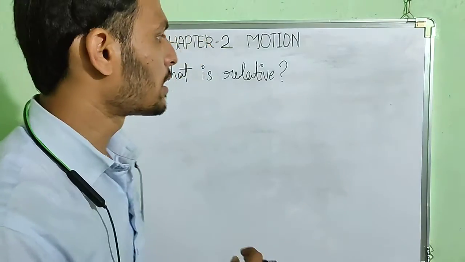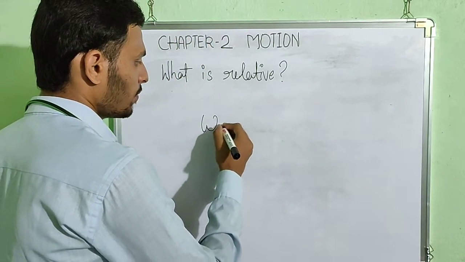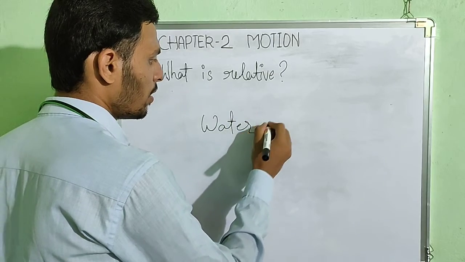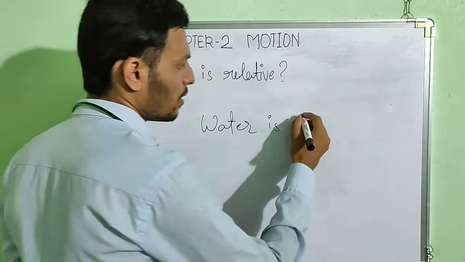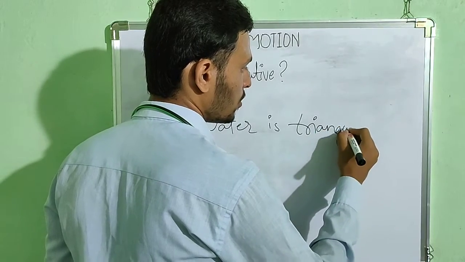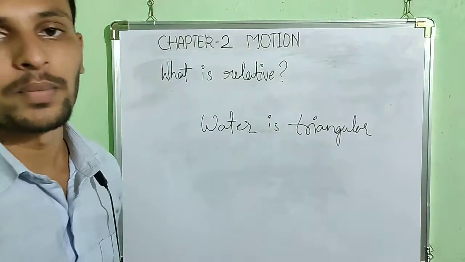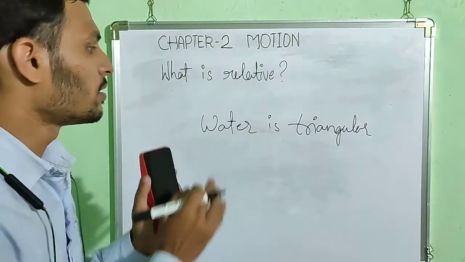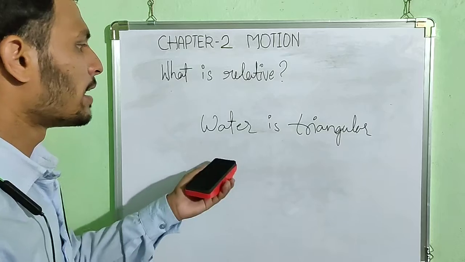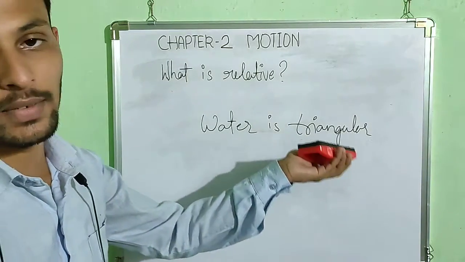For this, I'll explain one thing. What if I say water is triangular? I am creating a perfect sentence. It has a noun and it has an adjective also.